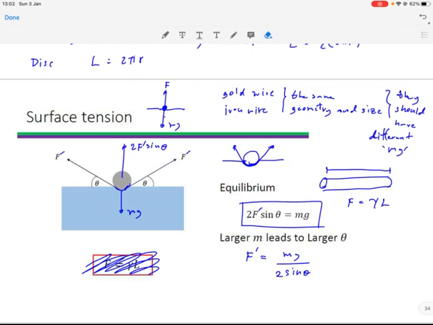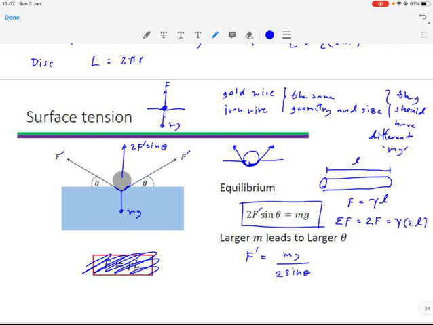I should say, I will change this L to small l. And you know that the total force that really acts on the object is 2F, or gamma multiplied by 2l, like I mentioned before for the case of wire.